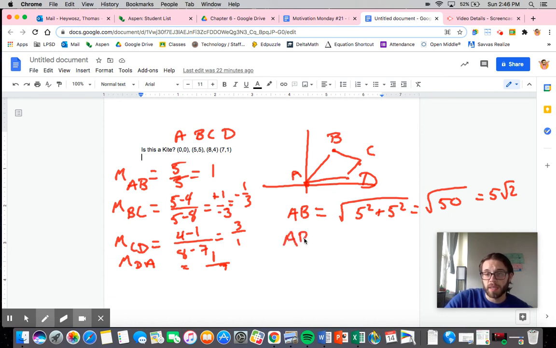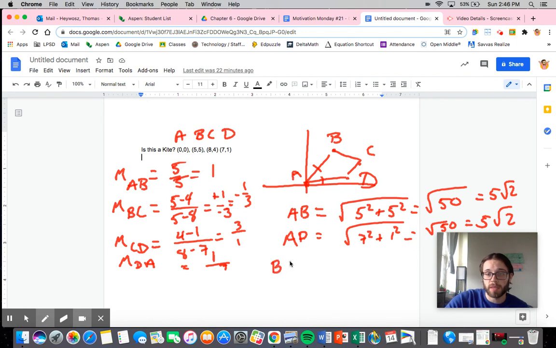AD, now these should be the same if this is a kite. Square root of 7 squared plus 1 squared, which is going to be the square root of 50, so we are good. So far so good. We know these are congruent. Now we need to show that BC and CD are congruent.